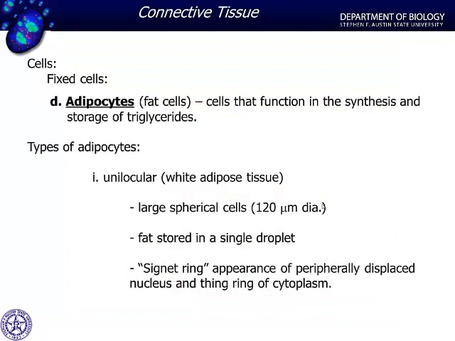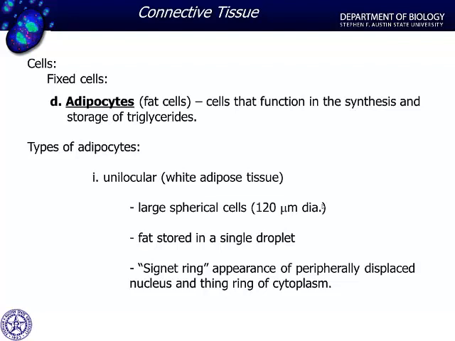Now the first type, the one that I was just describing, is referred to as unilocular adipose tissue, or white fat. Now these are extremely large spherical cells, and you really don't produce that many more fat cells as you might put on weight. You simply add in more and more triglyceride. The only way to really remove fat cells is liposuction.